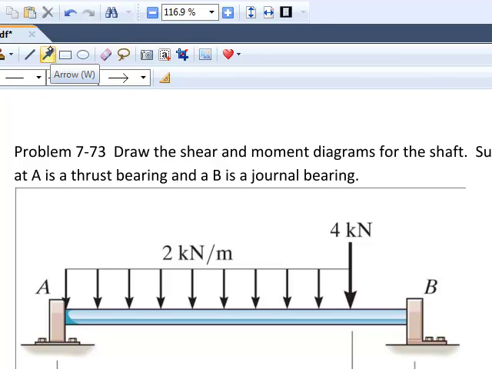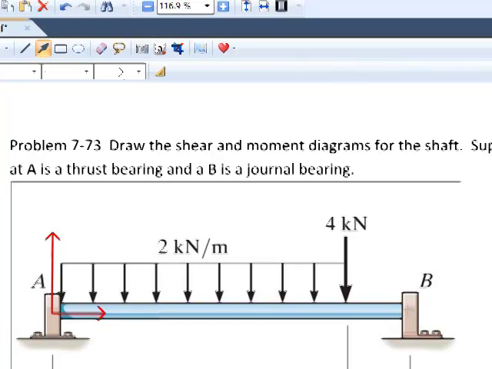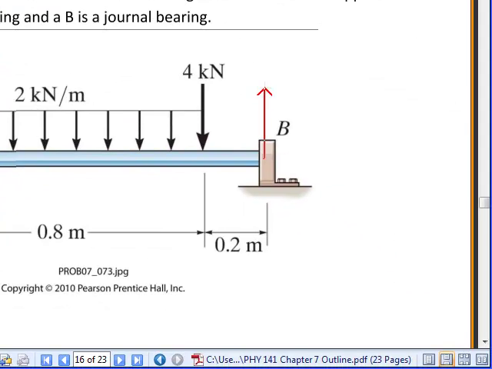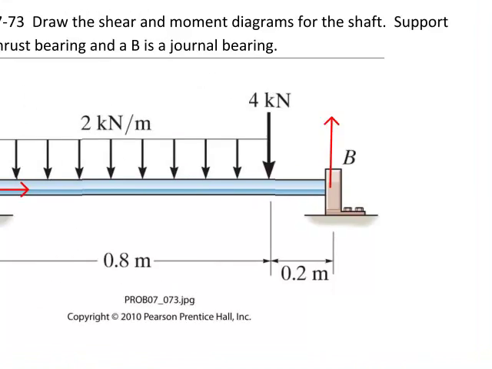X and Y. We could have X and Y. By my method of staring, I think the X is probably going to be 0, but we'll draw it in so that it's fully constrained. And B is a journal bearing, so it's only going to support a reaction in the Y direction. Well, it would also have a reaction in the Z direction if we were looking at a three-dimensional problem.